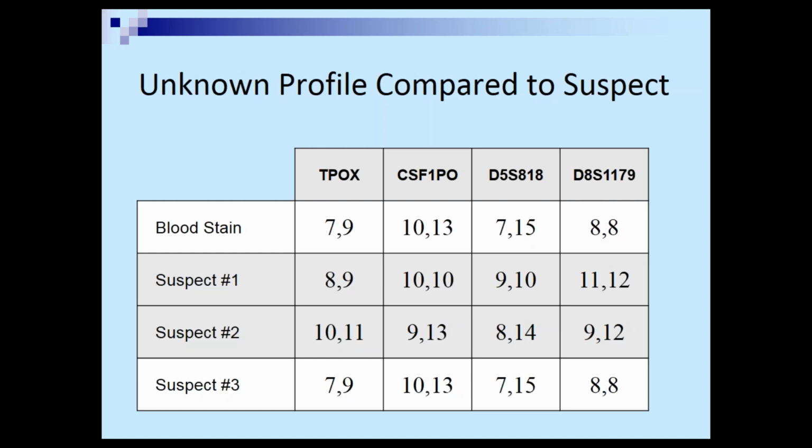Definite match. Okay. You guys are correct, except that answer might not be correct on the quiz or exam. And the reason is, we're going to see in a couple slides, some states don't want you to say it definitely did come.